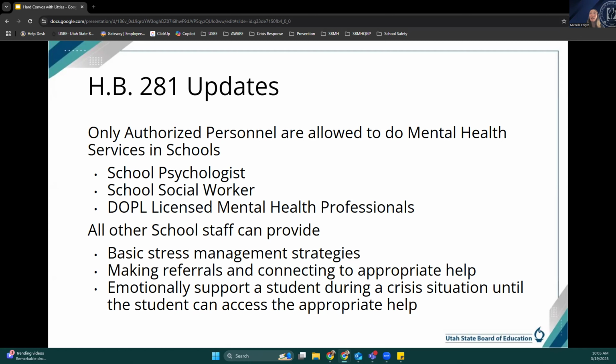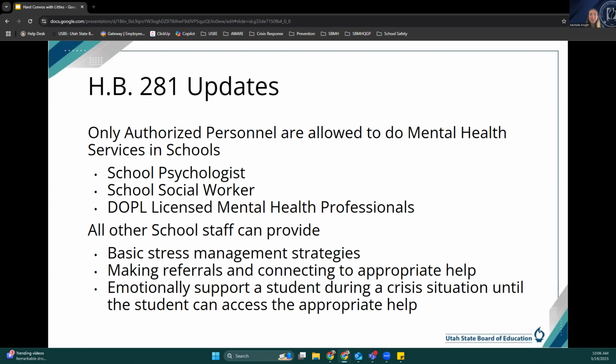Only authorized personnel, and that includes school psychologists, school social workers, or DOPL licensed mental health professionals, can do any kind of mental health services. All other staff can provide stress management. They can make referrals and connect to appropriate help. They can emotionally support a student during a crisis situation until the student can access the appropriate help.